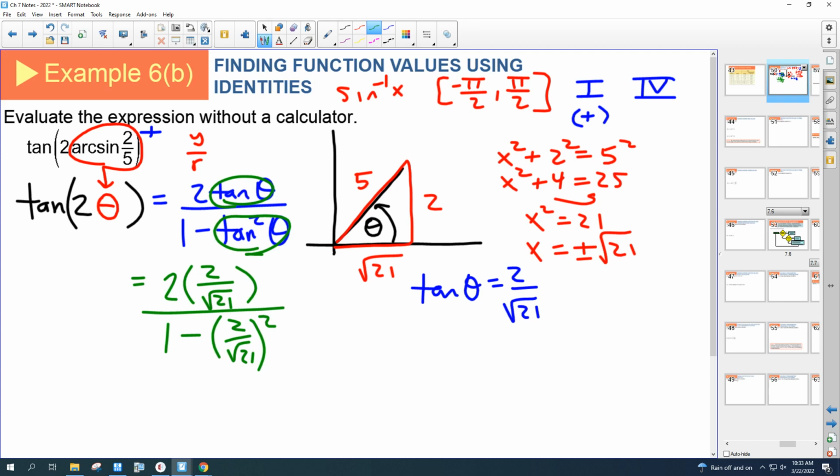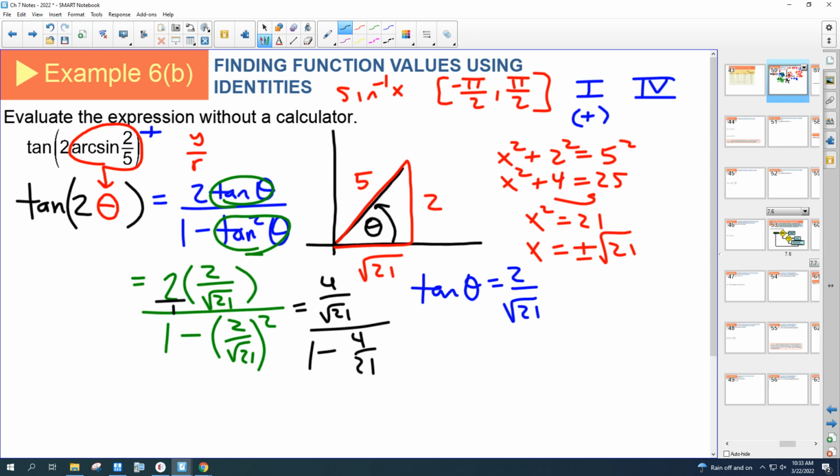So I've got a bunch of stuff that I'm going to need to clean up here. On the top of my fraction, keep in mind that's 2 over 1, so you can multiply your fractions on the top here. That's 4 over the square root of 21. That's the easy part. On the bottom, you've got 1 minus, and then you need to square that fraction. That's going to be 4 over 21.